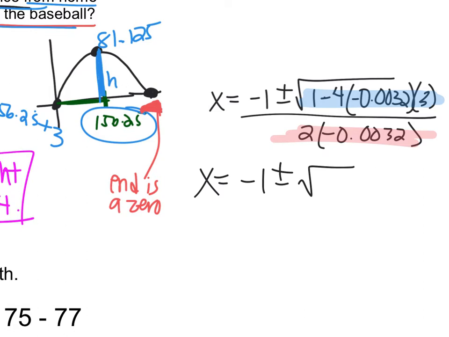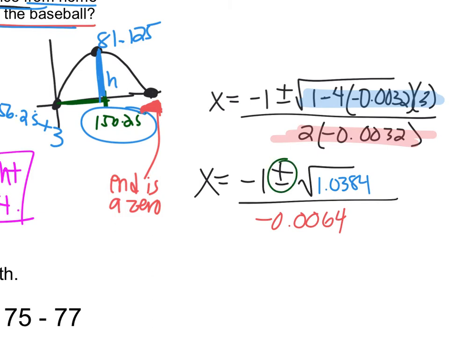And then if we type all of that in our calculator, it'll give us 1.0384. So go ahead and do that and double check. Make sure your calculator is giving you the right answer, that you're not typing it incorrectly. And then if we do the denominator in our calculator, 2 times that decimal gives us -0.0064. Now this will give us two answers because we have one positive, one negative.